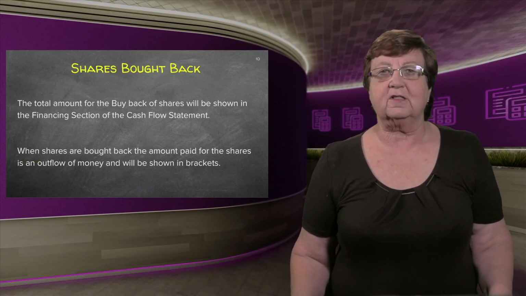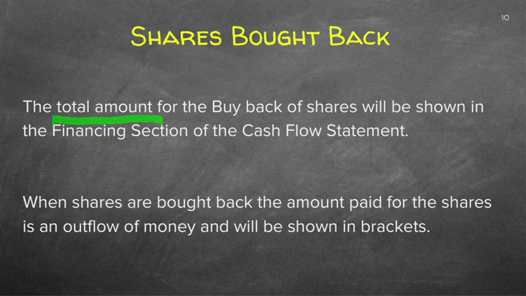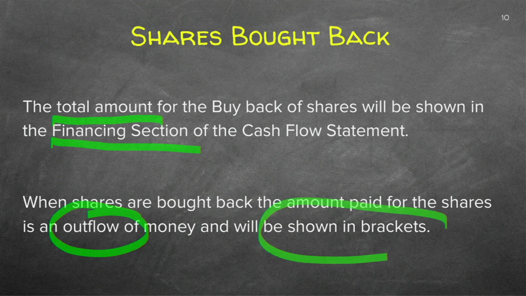So let's just go over that again. It is the total amount for the buyback of shares that will be shown in the financing section of the cash flow statement. When shares are bought back, the amount paid for the shares is an outflow of money. And so do I have to say it? The amount will be shown in brackets.